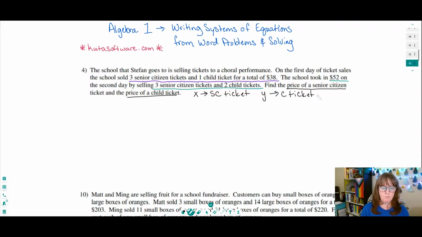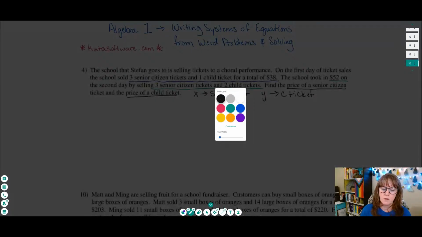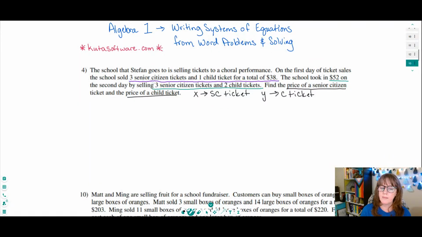Okay. All right, let's set up our equations. Let's go back to purple since I have that underlined here in purple. 3 senior citizen tickets and 1 child ticket for a total of $38. So we know that the number of senior citizen tickets that we sold is 3. I'm gonna make a little bit of an edit here.